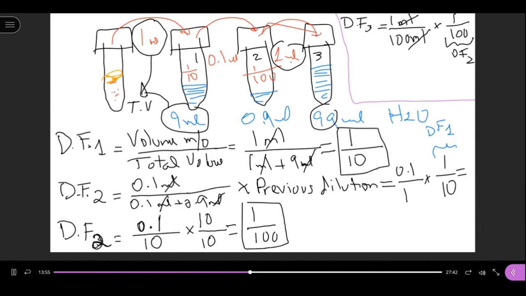So finishing the math, the dilution factor for tube 3 is a 1 in 10,000 dilution. So tube 3 is a 1 to 10,000 dilution of our original microorganism. 1 to 10,000 can also be expressed as 1 to 10 to the 4th, which is easier to write than 1 to 10,000.